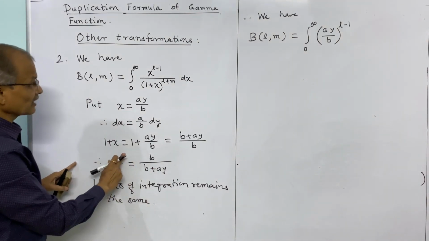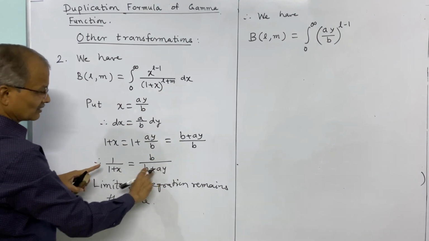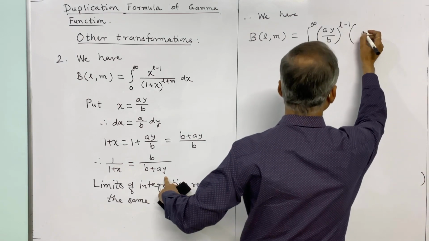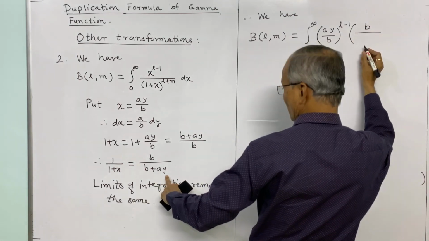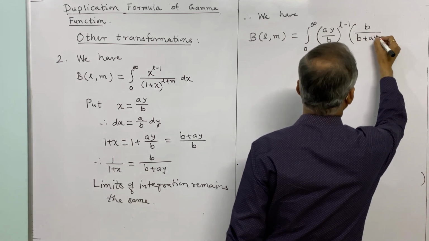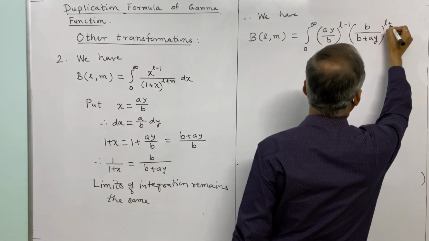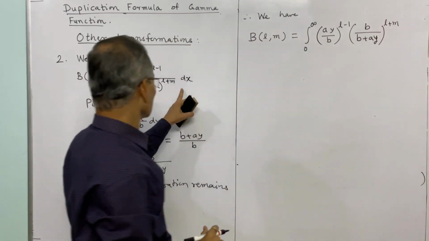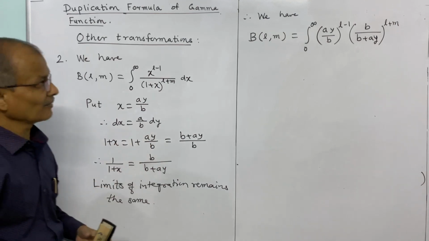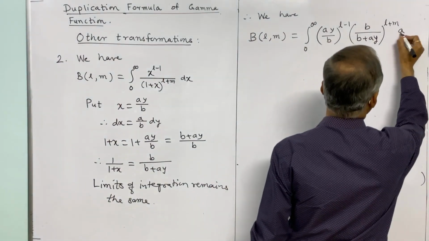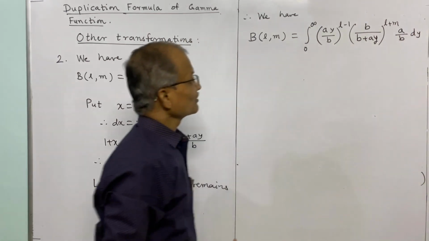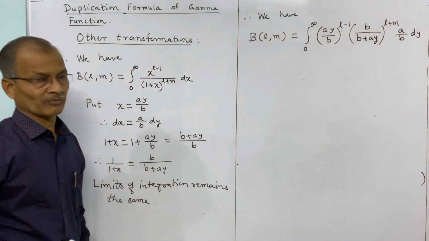So this whole is raised to L plus M, that means this is raised to L plus M, and that into b divided by b plus a y raised to L plus M into dx. Dx is here a by b into dy, that will be a divided by b into dy. So this is the integral in transform form.